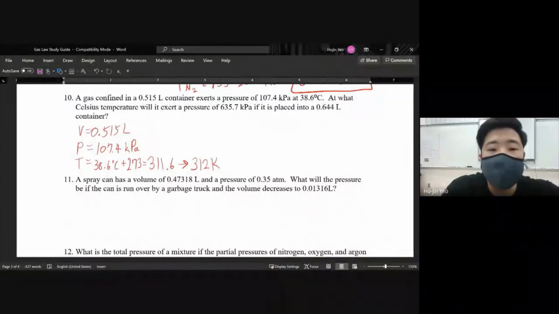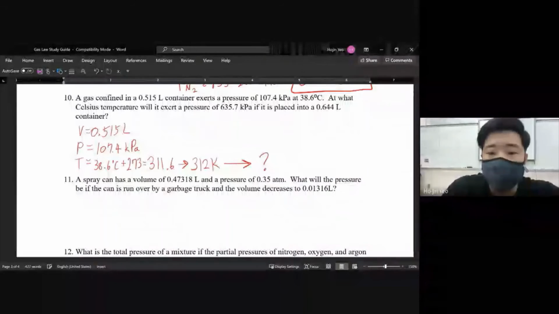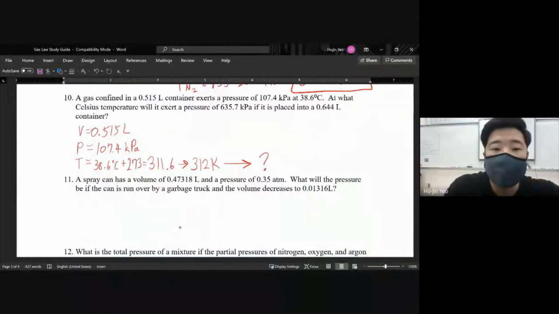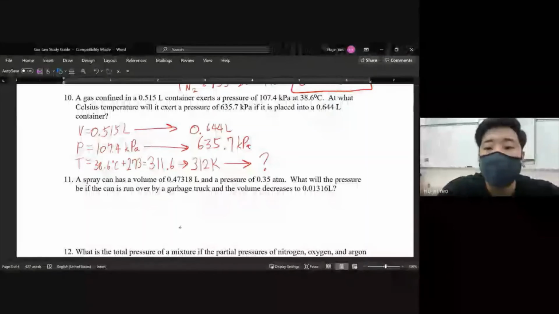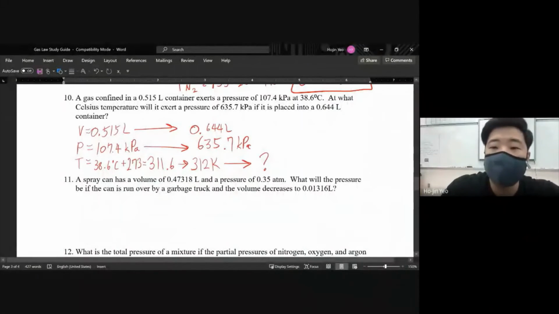Next, it says, what is the Celsius temperature? So what is the temperature for the next one if the pressure becomes 635.7 kPa and the volume becomes 0.644 liter? So we're going to use the combined gas law.